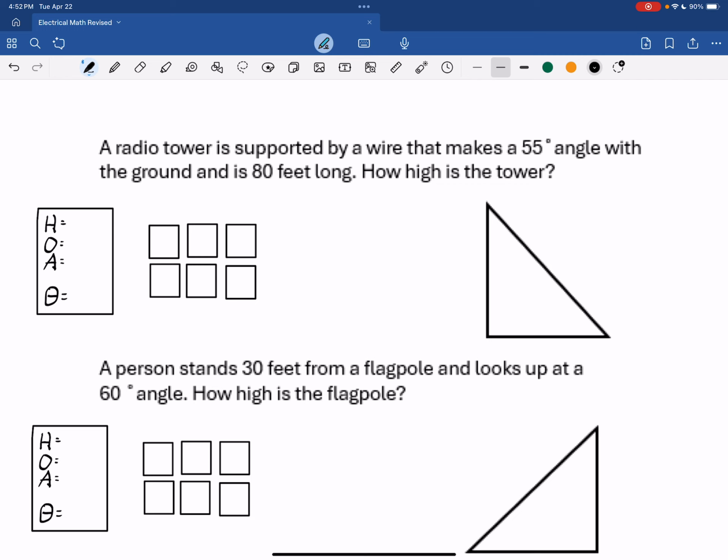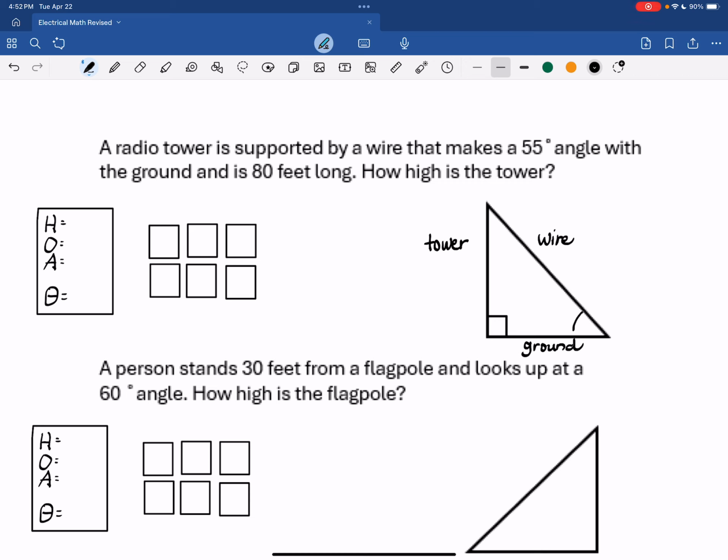A radio tower is supported by a wire that makes a 55-degree angle with the ground. So this is my tower. Here's the wire, and here's the ground. It's really important to understand the problem before you start to do this.